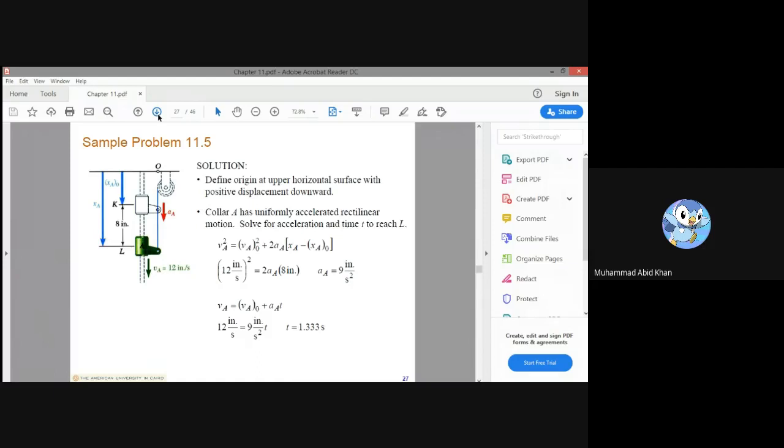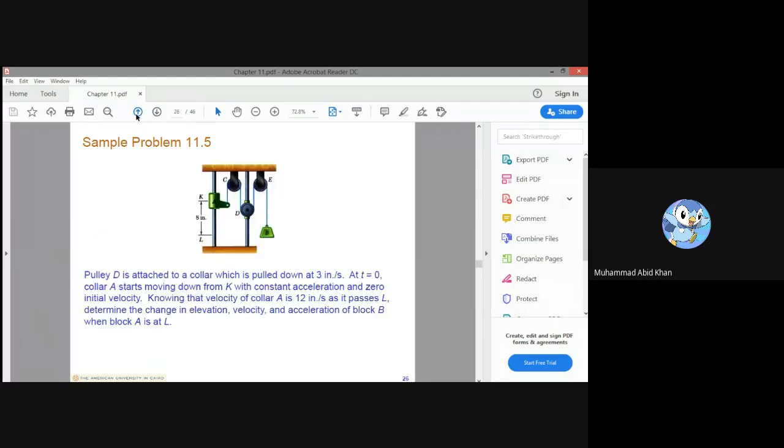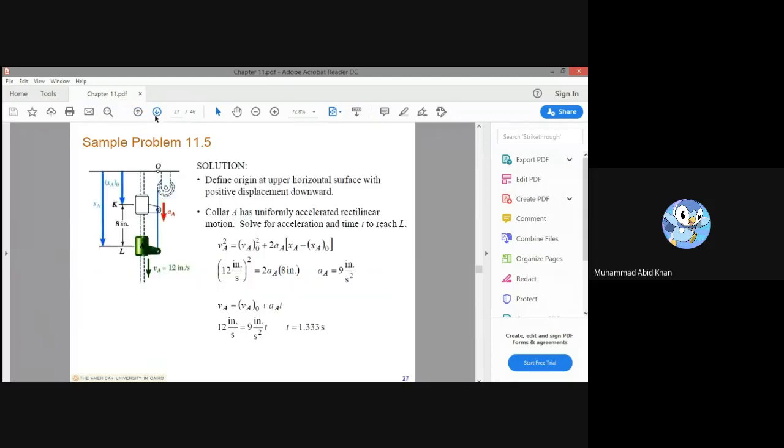Okay, the sample problem is written here in question form, and the solution we wrote here. Okay, the solution: we draw the free body diagram. First define origin at the upper horizontal surface with positive displacement downward, and second, collar A has uniformly accelerated rectilinear motion.